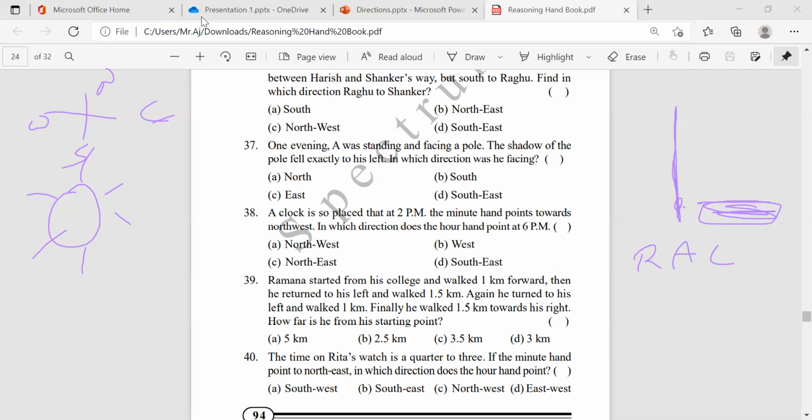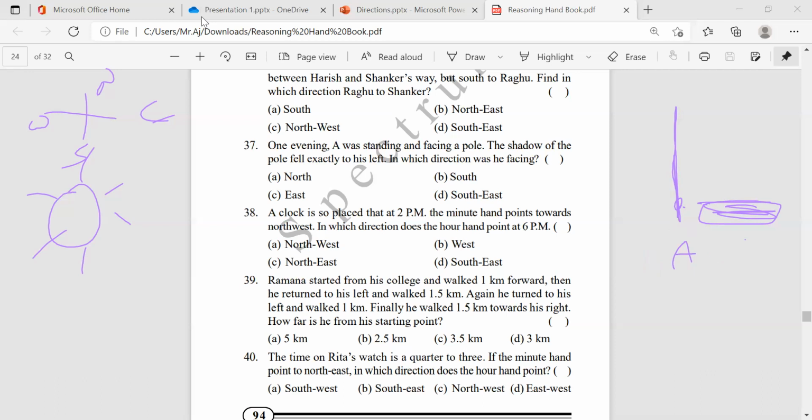Facing the pole. Okay, take A on this side.